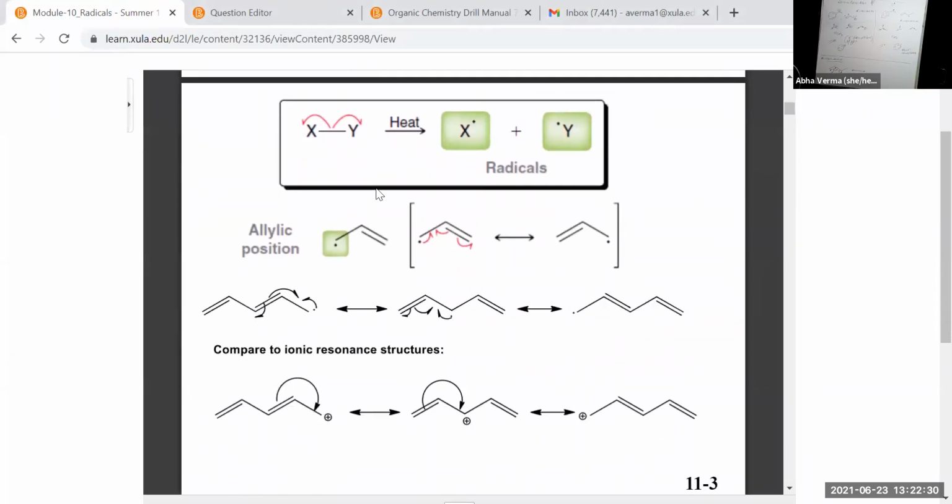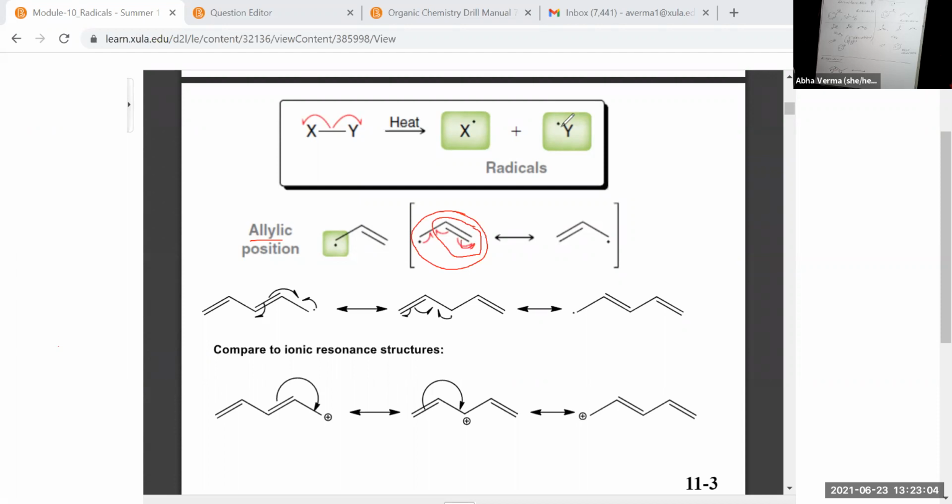Under the influence of heat, you will see radicals form. And just like carbocations, your allyls and your benzylics are going to do resonance. How are you going to show these arrows? You have to show these arrows as splits, splitting like this. So in this case, this pi bond is splitting evenly.